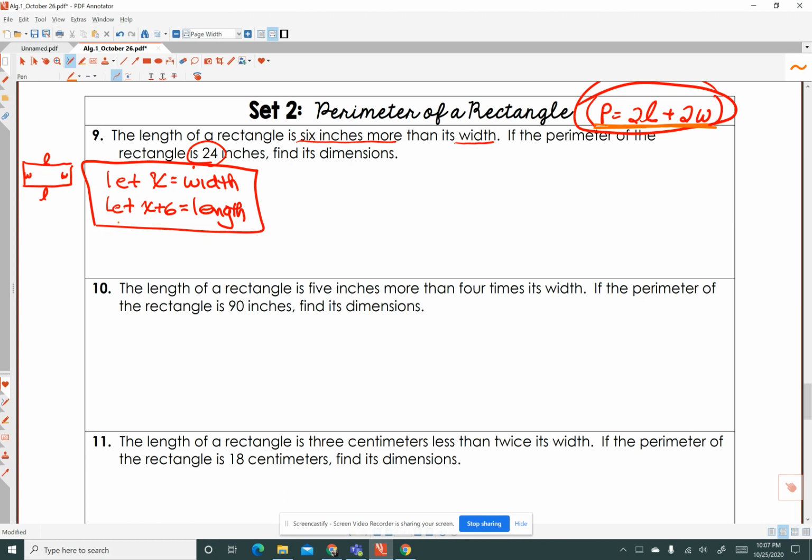So we need 2 of the width, here's our width, and 2 of the length, x plus 6. And that together is going to equal 24 inches. And we'll rewrite that up here and solve it.